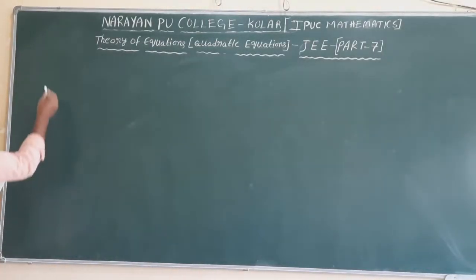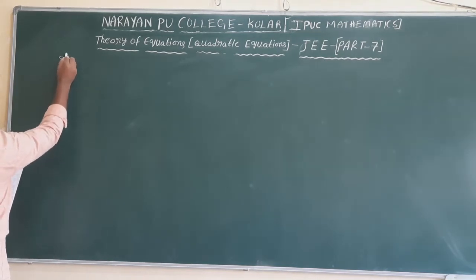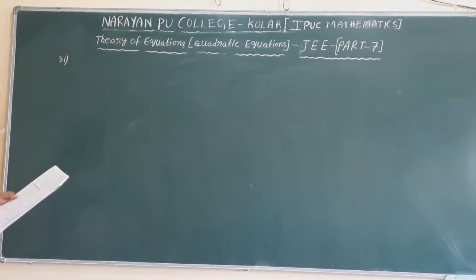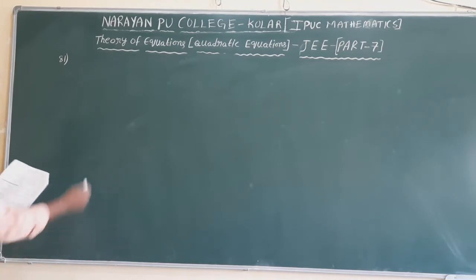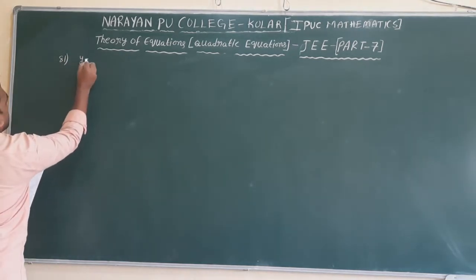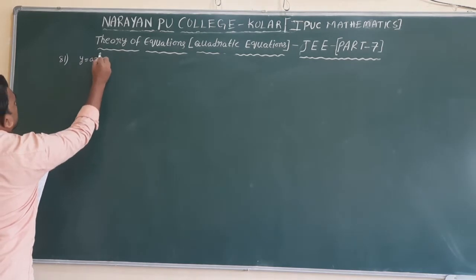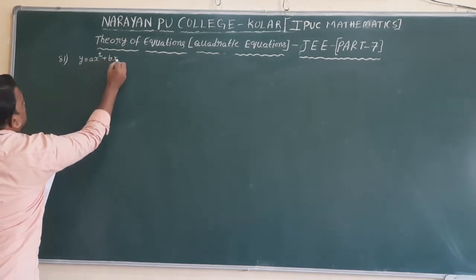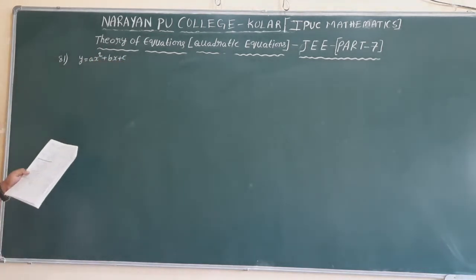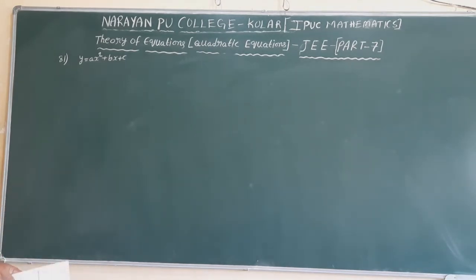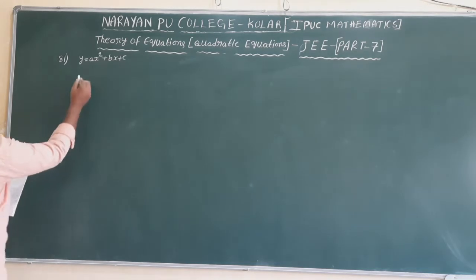So next question, 81. For which of the following graphs is the product of a, b, c negative for the quadratic expression y equal to ax square plus bx plus c? They have given 4 graphs.